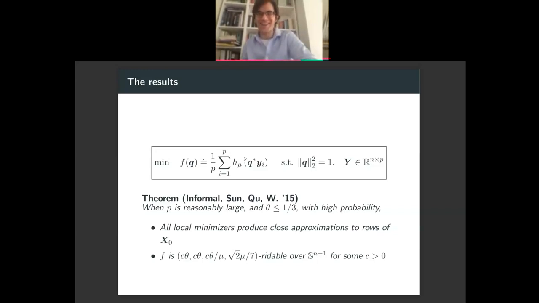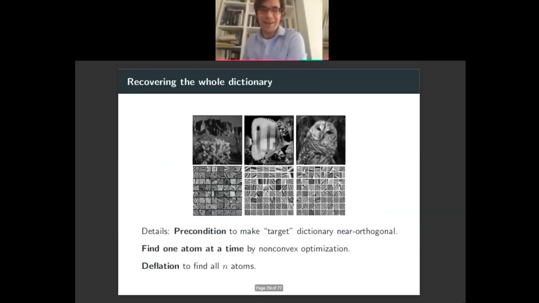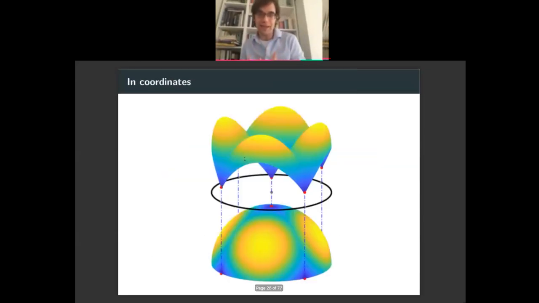Yeah, sounds good. Okay, so it happens that the theoretical algorithm can also be made practical, so you can recover reasonable dictionaries in this way. Honestly, the thing that's most interesting here to me is not so much the theorem, although that's important to make things rigorous and to argue that they still happen in high dimensions, but really the picture.